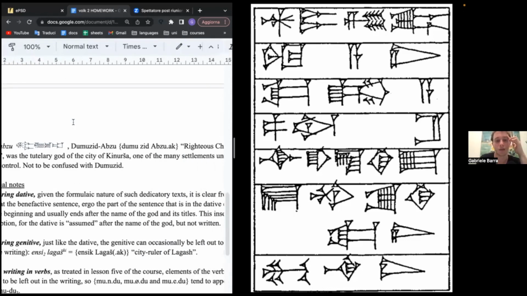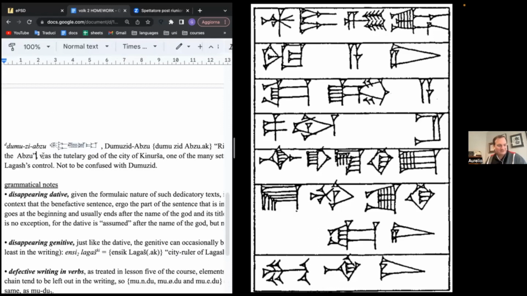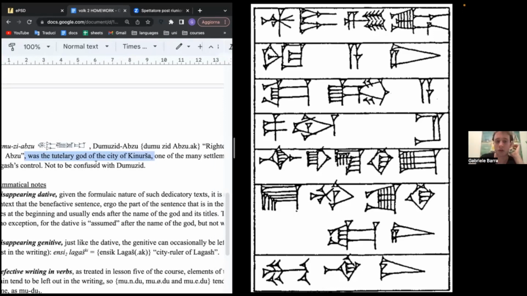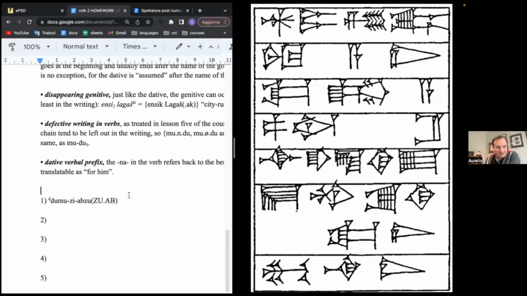Let's hear who that is, though, because for those who haven't done the homework, there you go: the tutelary god of the city of Kinursha, which was one of the minor cities that happened to be under the control of the bigger city of Lagash. Got it. And what does the zit part mean?